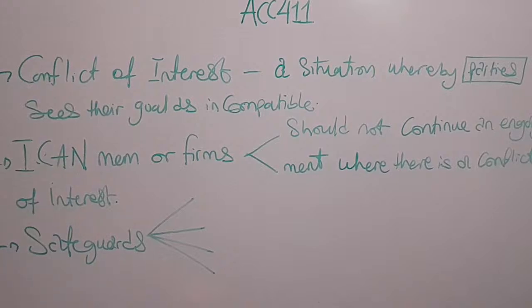First, identify possible conflict of interest situations. There's something we call early warning signs. Even before you go into the contract fully, you should be able to read in between the lines.